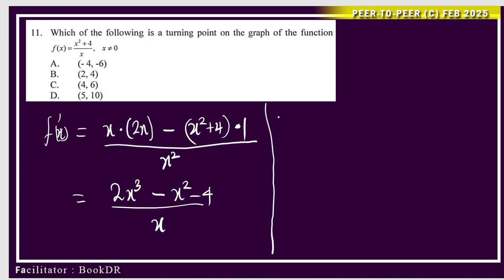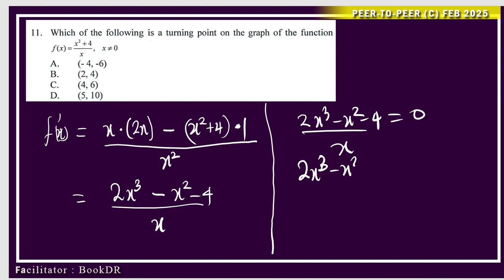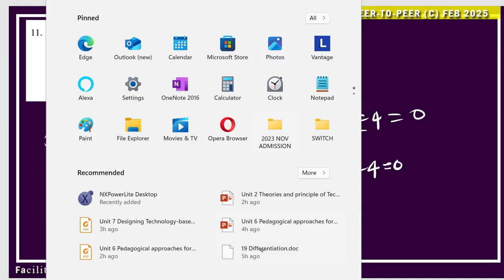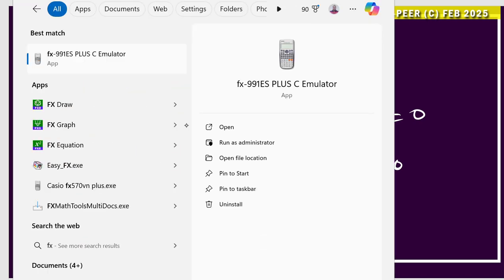So at the critical point, a turning point, 2x cubed minus x squared minus 4 should be equal to 0, or otherwise, over x is equal to 0. And when it's equal to 0, the numerator is equal to 0. So we'll solve for the zeros of this polynomial function. We'll just use a calculator for it.